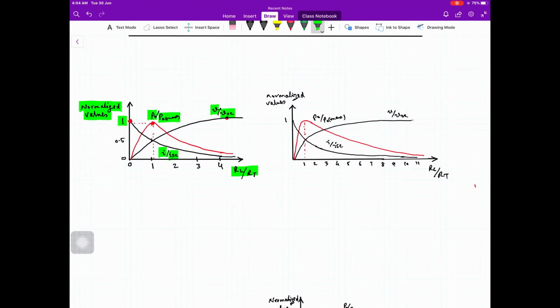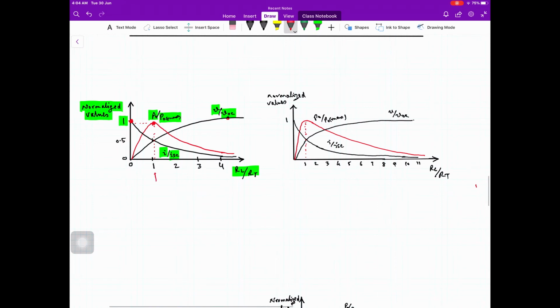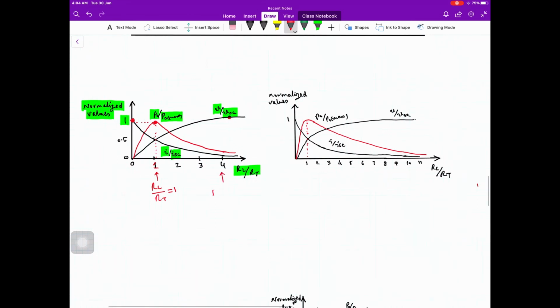What does it mean? When RL divided by RT is equal to 1, it means that RL is equal to RT. So over here you will see RL is 4 times RT.